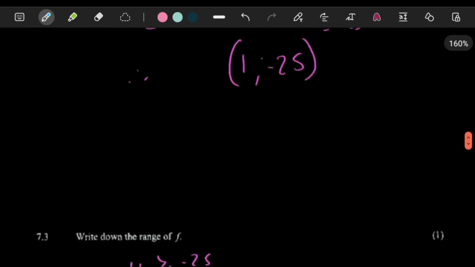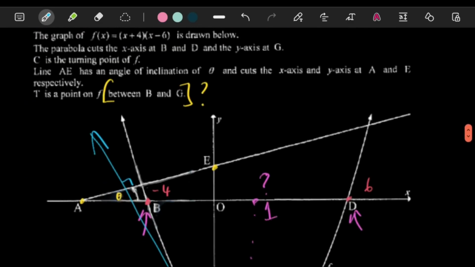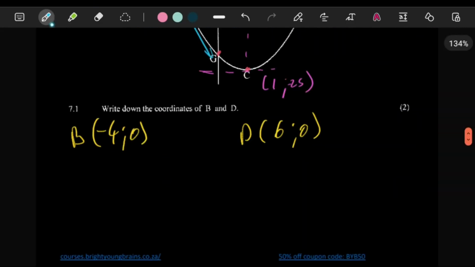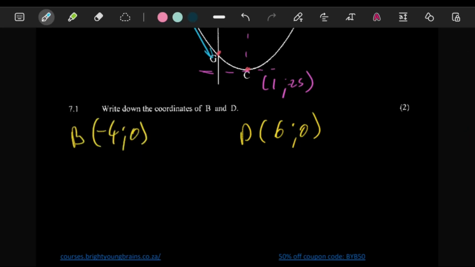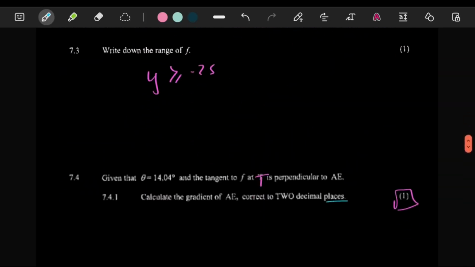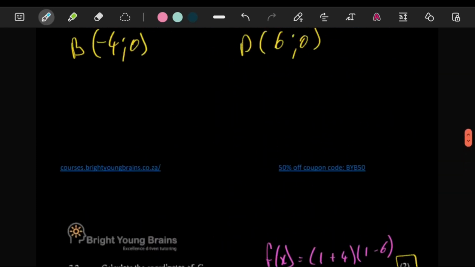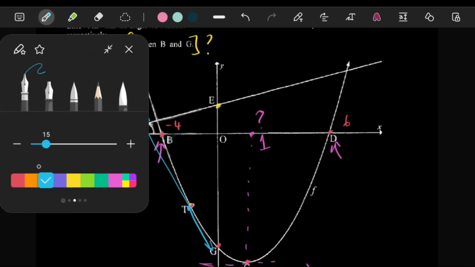Okay, fine. Moving on. They say, calculate the gradient of AE correct to 2 decimal places for 1 mark only. They gave us theta to be, what is the value of theta? It's 14.04.